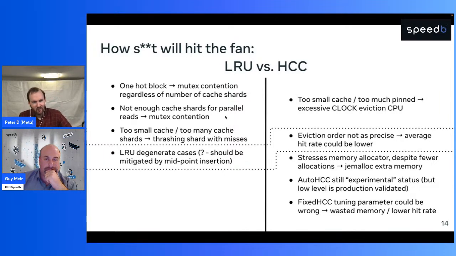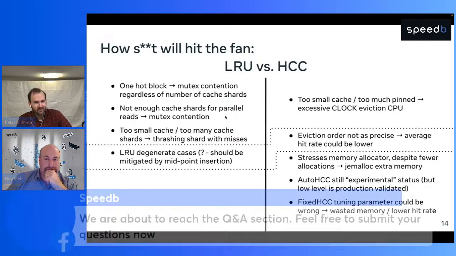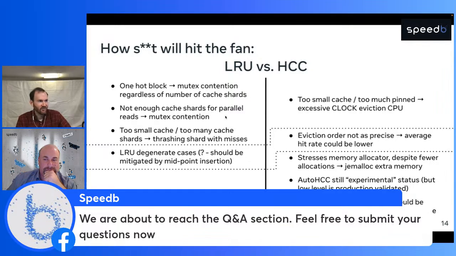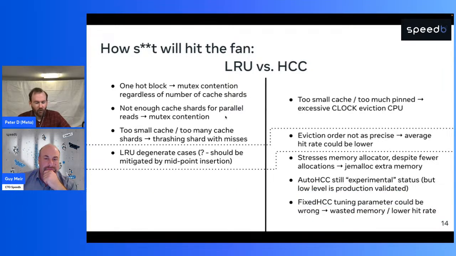And obviously, as we alluded to earlier, if you don't have enough cache shards to handle the amount of parallelism you're seeing, you're going to see mutex contention. Another problem that comes up with LRU cache is if your cache is too small or you have too many cache shards. Choosing the number of cache shards can be a tricky game if you have a small cache.